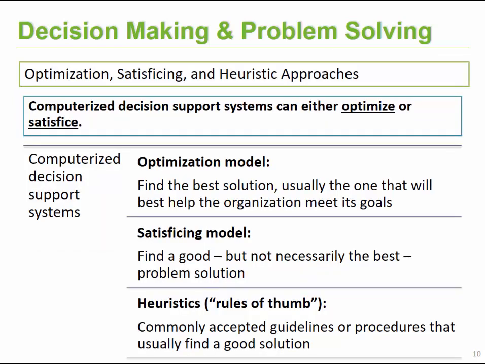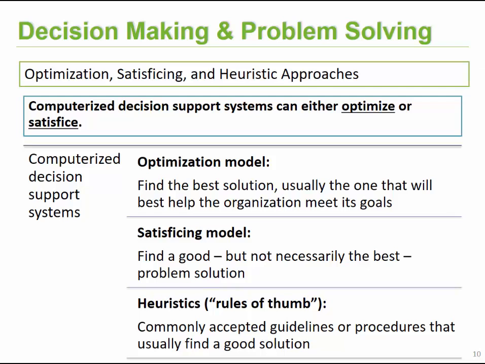Let's continue our discussion and talk about various approaches that can assist us in making decisions. Now, computerized decision support systems typically make use of optimization or satisficing models. Now, it's important to realize what is the difference between the different types of models that we can actually use.